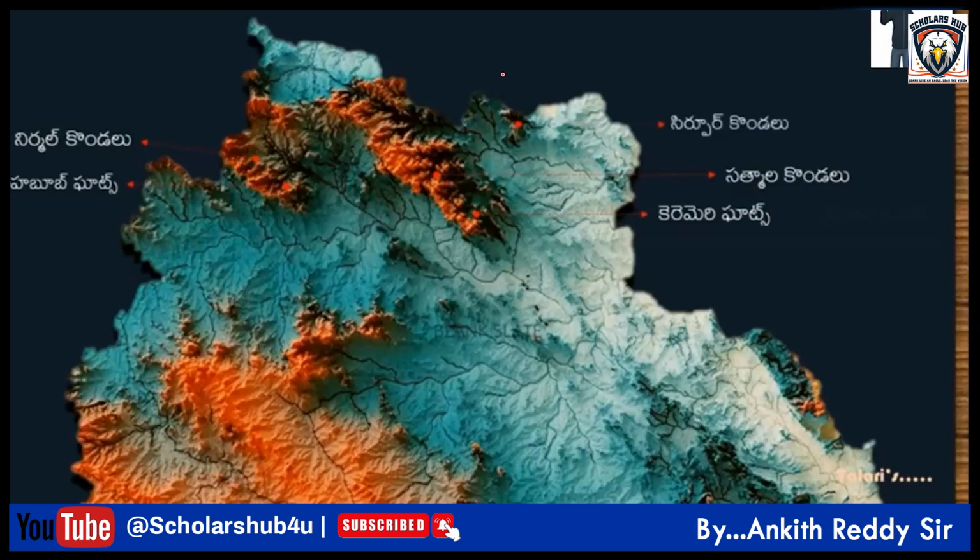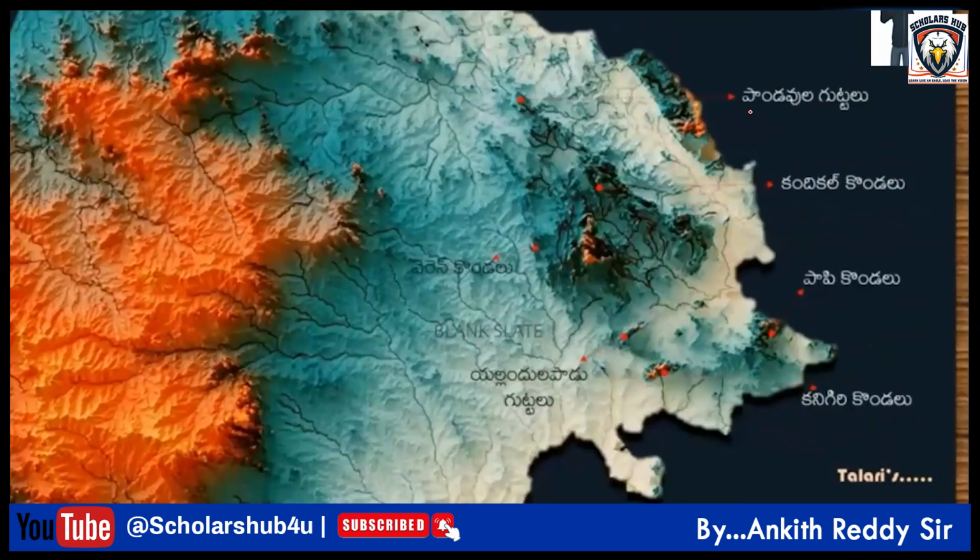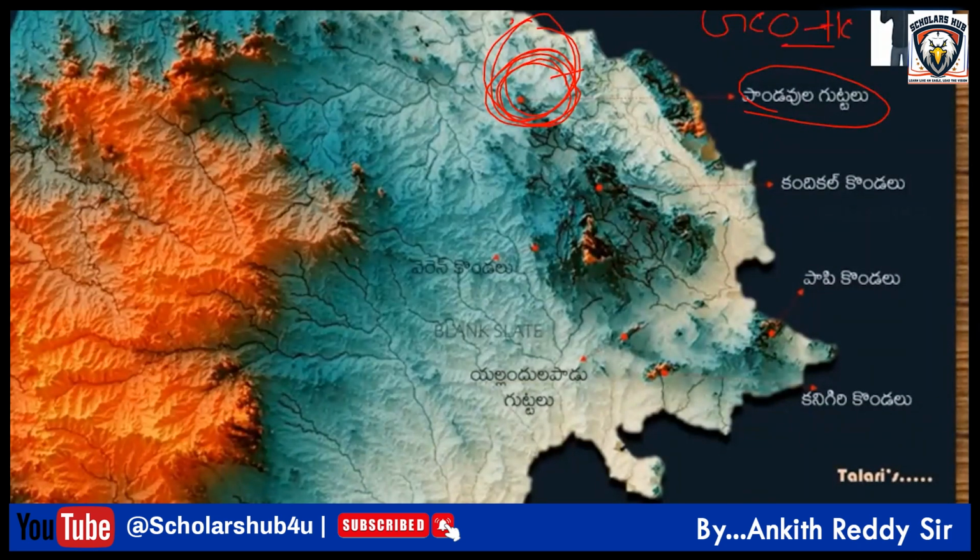Pandavula Guttalu has been designated as an exclusive geo-heritage site in Telangana. So where are they located? Looking at the map, which district is it? Jayashankar Bhupalpally. Right. So remember, Pandavula Guttalu has gained official recognition as an exclusive geo-heritage site in Telangana.